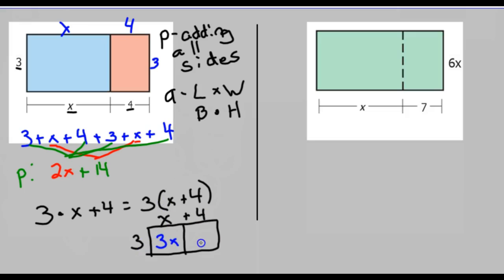And 3 times 4, that's going to give us 12. Now because it's positive 3 times 4, I'm going to put a plus 12. So our answer then would be area is 3x plus 12.